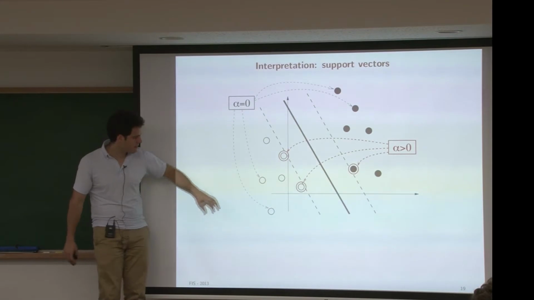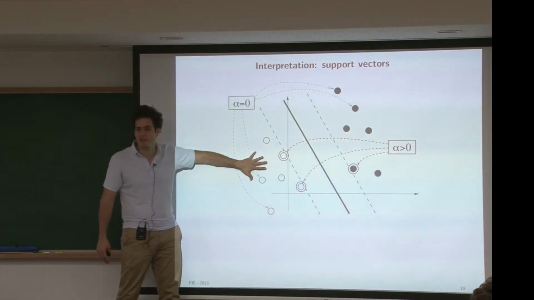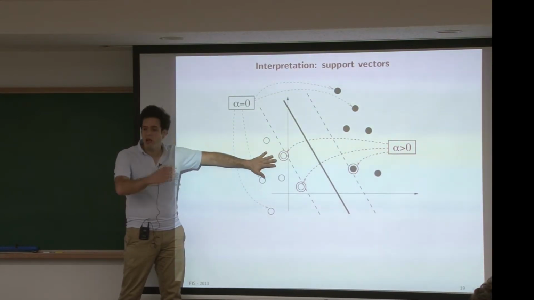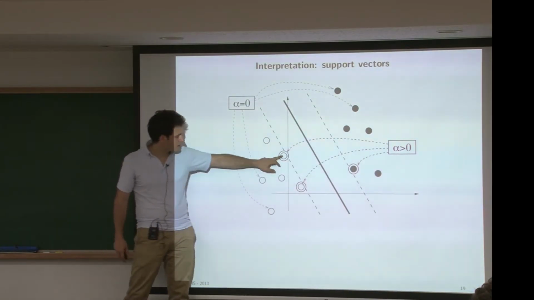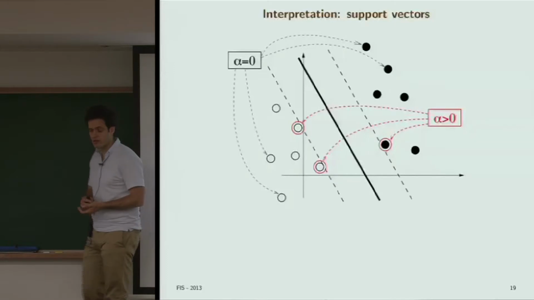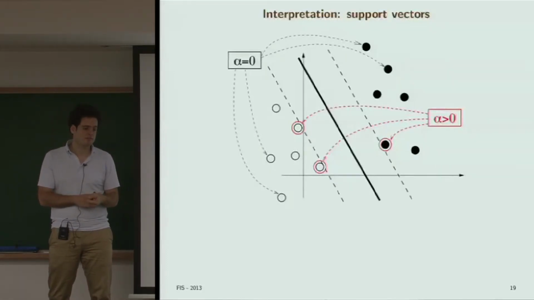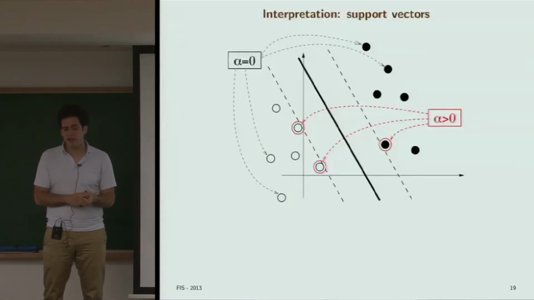But in that case, if I change this point here, of course my estimation of the Gaussian, and the mean in particular, will change, and so the whole hyperplane will change. In the SVM case, you can see that only those points which are close to the separation area are taken into account. So that's why people think of the SVM as a kind of robust linear classifier.